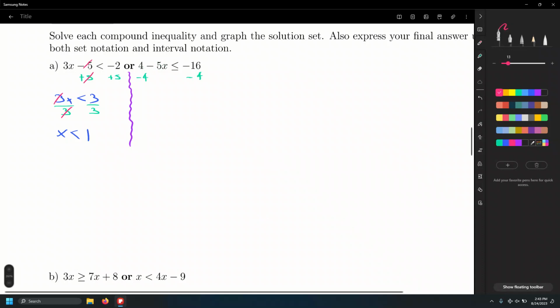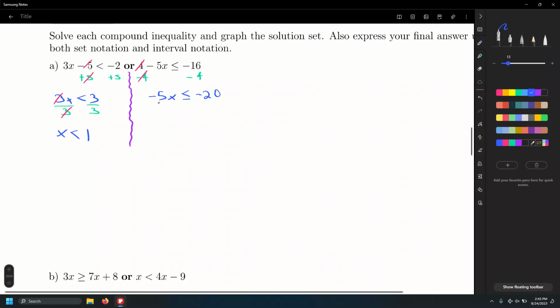That cancels the 4 with the negative 4 and leaves us with negative 5x less than or equal to negative 16 minus 4, which adds up to negative 20. I'm going to keep solving this inequality for x. To get that x by itself, we need to divide both sides by negative 5.